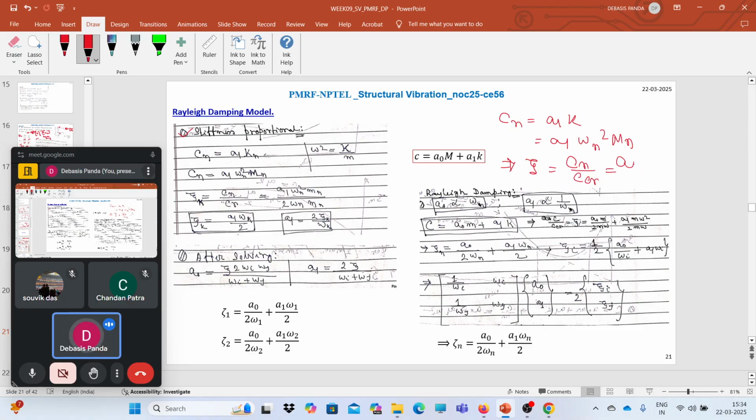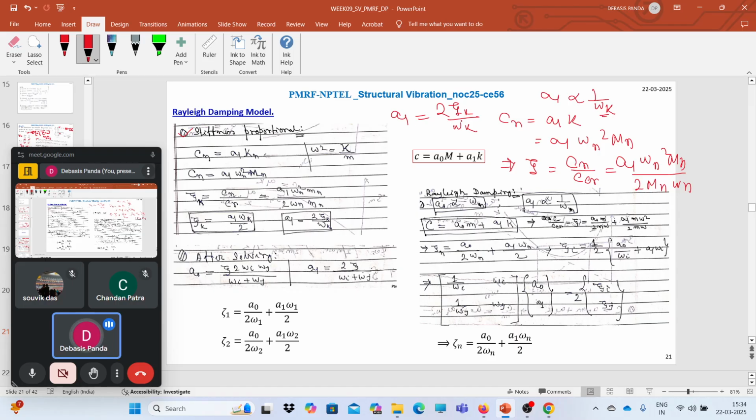So if I write it down, A1 omega n square Mn by CCR, which is twice Mn omega n. So from here we can find out that A1 is twice zeta by omega K, or omega n, whatever, if you want to index it. So here we can see that A1, the stiffness proportionality constant, is inversely proportional to your omega K.